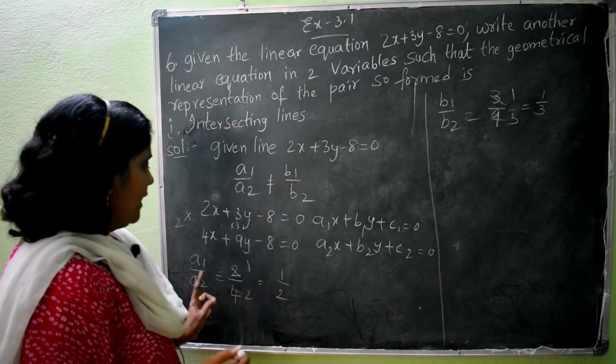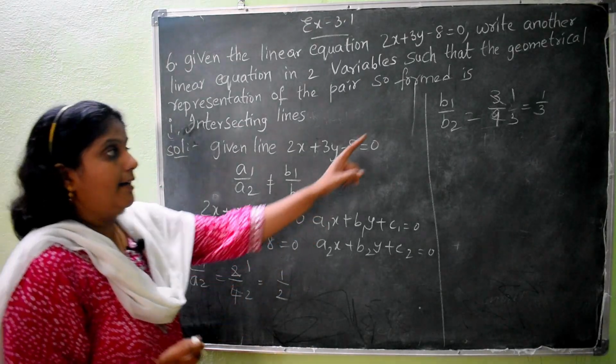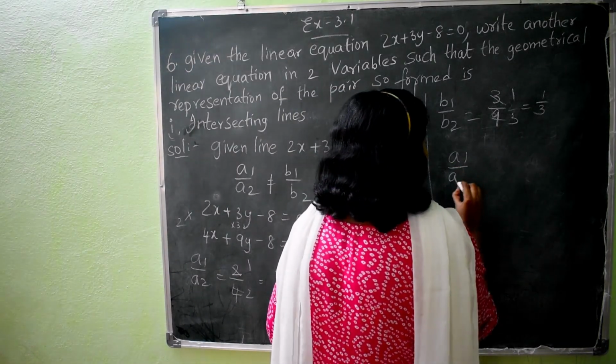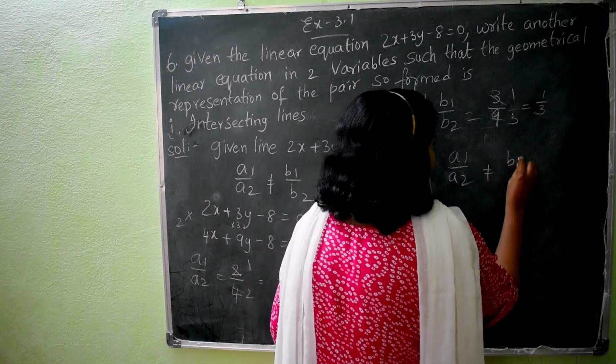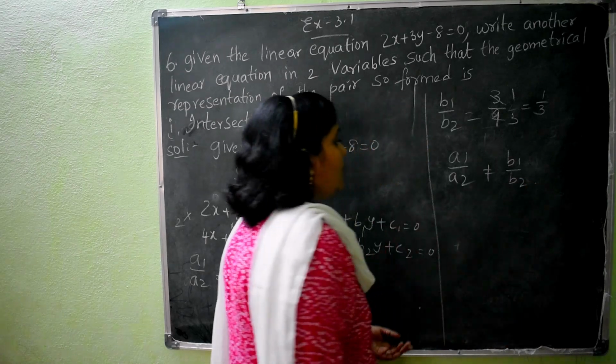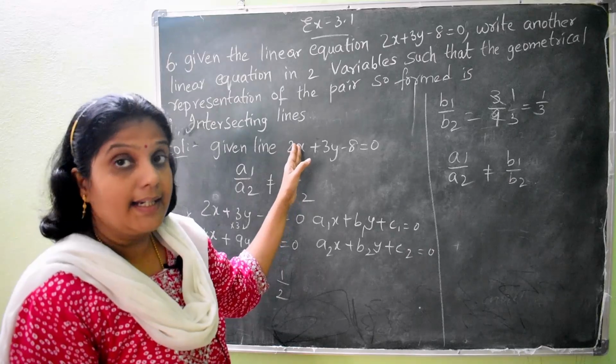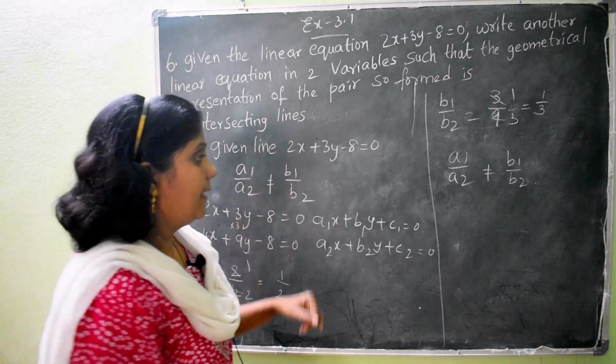Look here: a1 by a2 is 1 by 2 and b1 by b2 is 1 by 3, so a1 by a2 is not equal to b1 by b2. Our condition is satisfied and we can say the lines are intersecting lines.